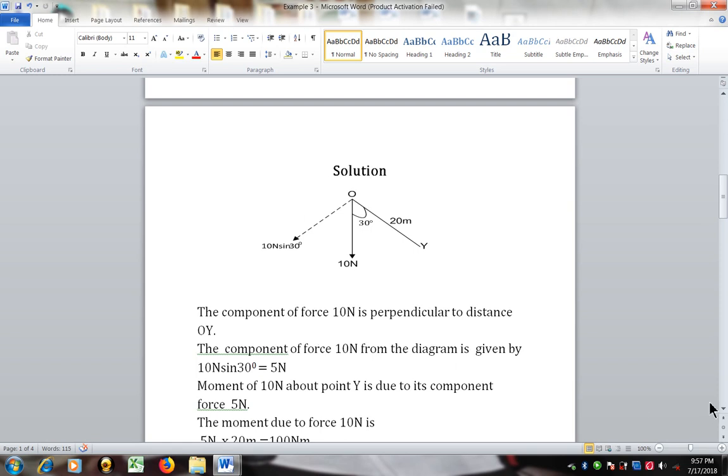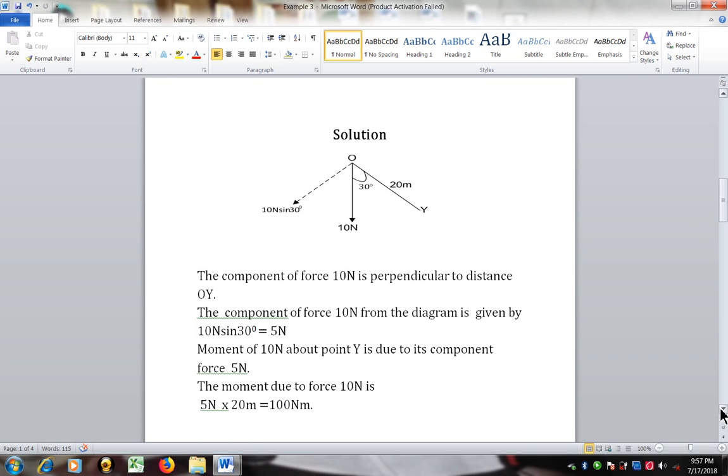So once we have gotten the component of force 10 Newton, we can now find the moment due to force 10 Newton about point Y, and that's going to be this force here, which is 5 Newton, times the distance between the line of action of the force and point Y. The distance between the line of action and point Y is what?